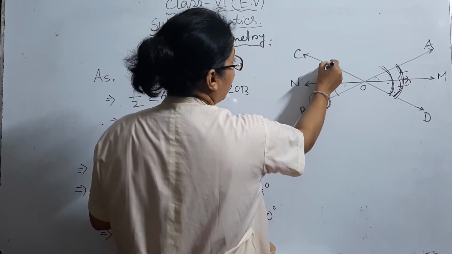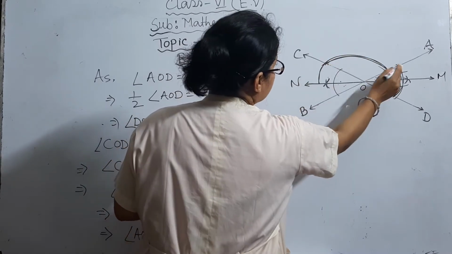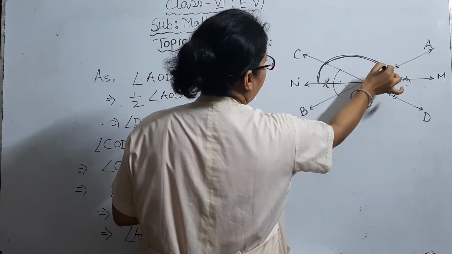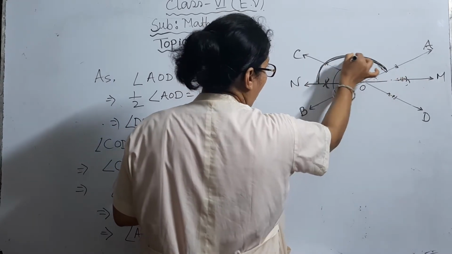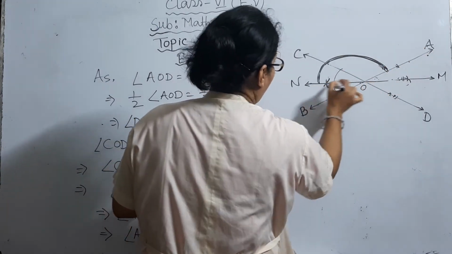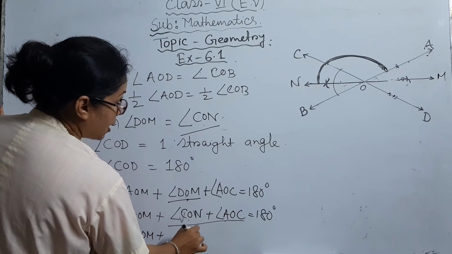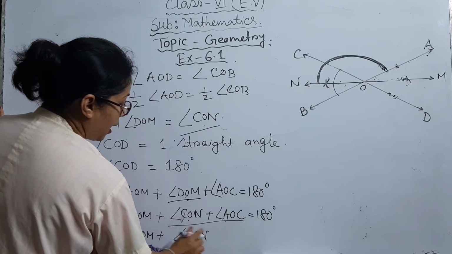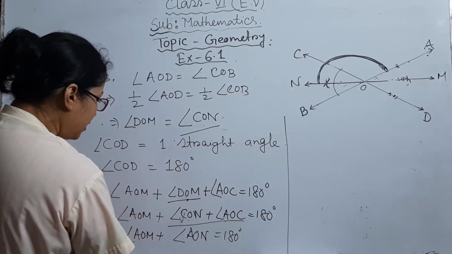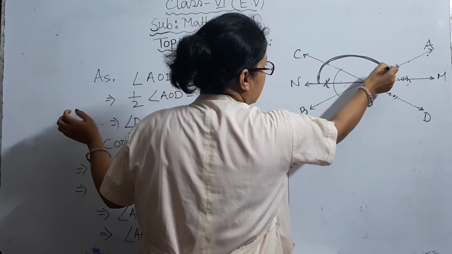CON and AOC, dear students, see, CON and AOC, total is AON, this angle, total angle AON. So, instead of these two angles, I can write AON. Clear? Then 180 degrees.